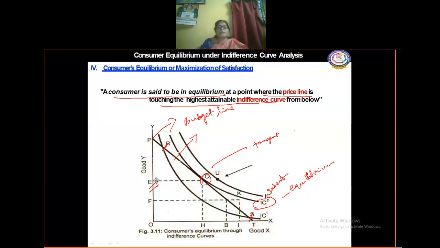This is the price line B and touching the IC curve at C. So this is the highest attainable indifference curve. IC2 is the highest attainable indifference curve from below. This is from below. This is the curve that is attained as a maximum satisfaction. So I hope you can understand.